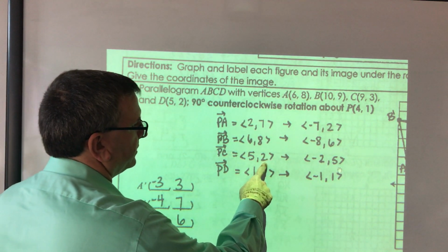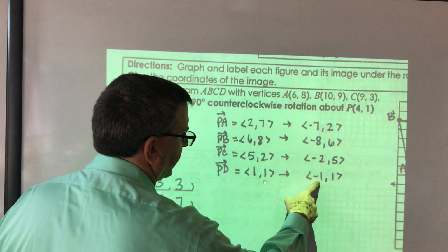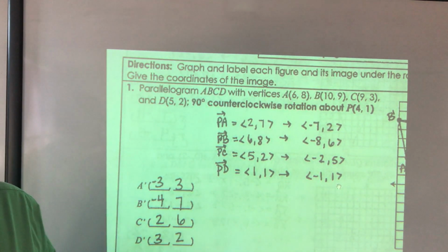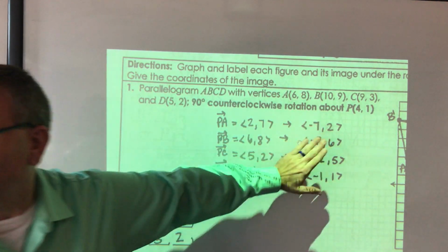With 5 and 2, the 2 changes its sign and becomes the x, and the 5 stays the same and becomes the y. With 1 and 1, the 1 changes its sign and becomes the x, and the 1 stays the same and becomes the y.